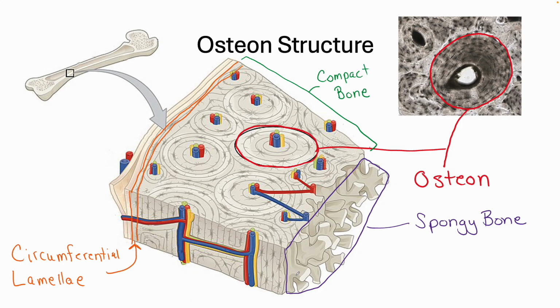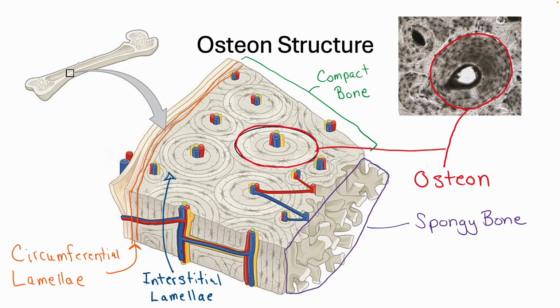They are going to be made up of structures known as lamellae, and there's really three different types of lamellae. So you have circumferential lamellae. These are going to be found around the circumference of the bone. So coming here, notice that these are going to be surrounding the outside. They're going to be covered by the connective tissue of periosteum on the outside.